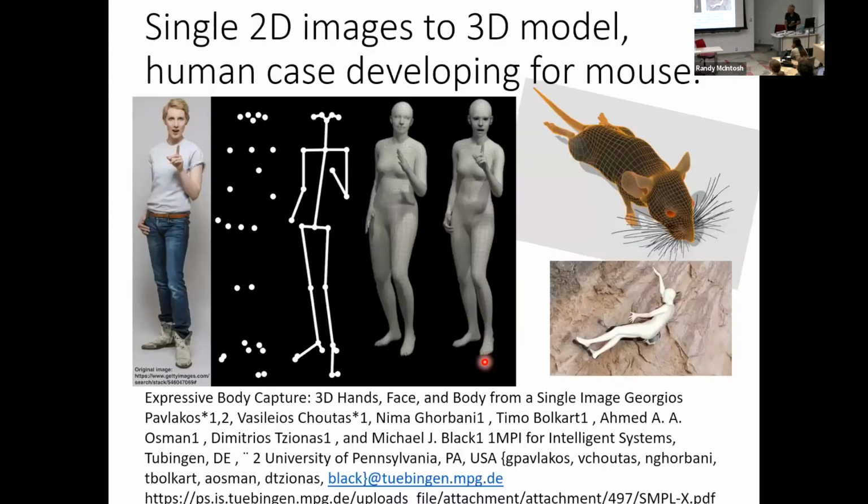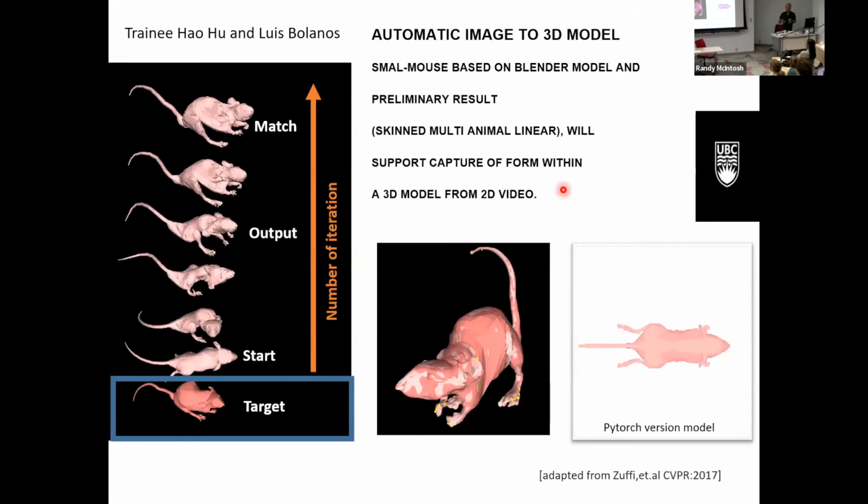So we're exploiting synthetic data. We've gone a little bit into the direction of human models, and we found there's a huge literature on this, which is great, and people like Michael Black are leaders. One tool we want to generate, based on the human literature, where you can go from a 2D image to a 3D model of a human, or a 3D rendering, fairly easily, is automatic 3D animation of mice, and that's one of our goals now.